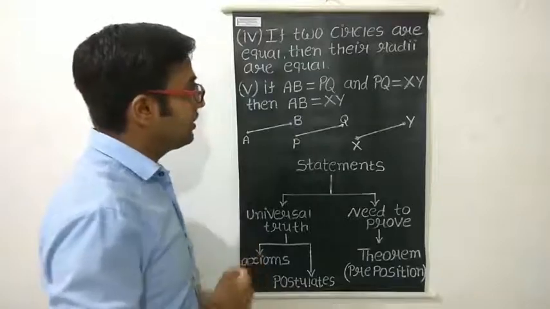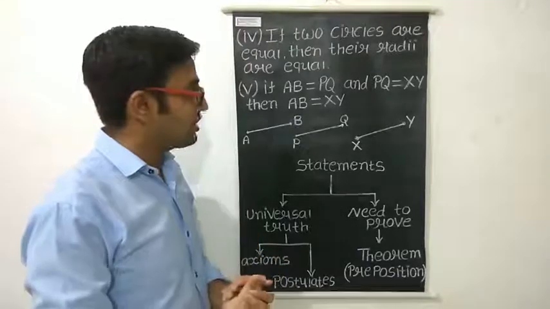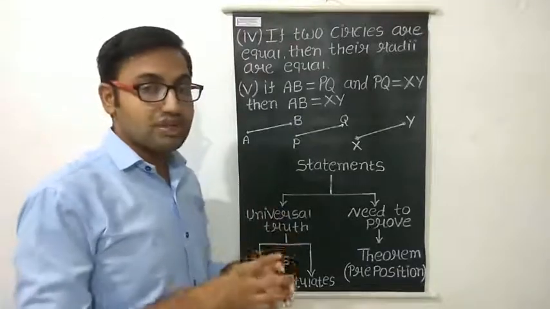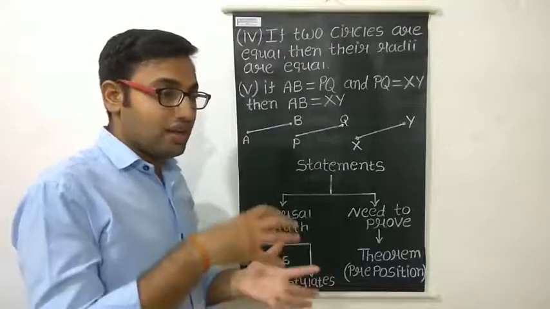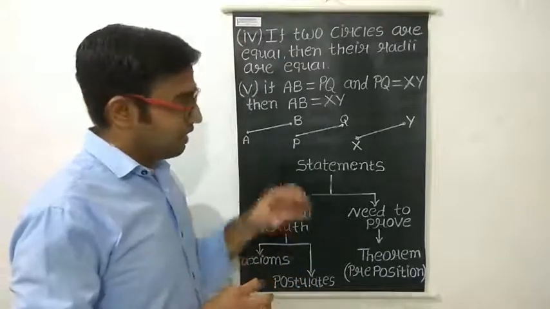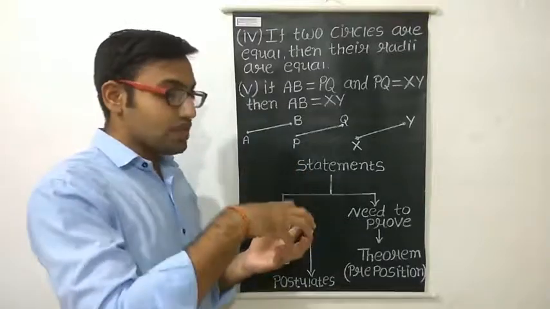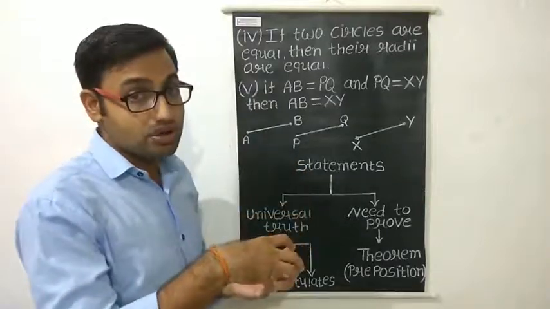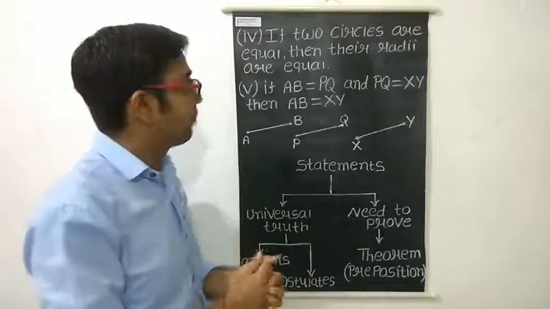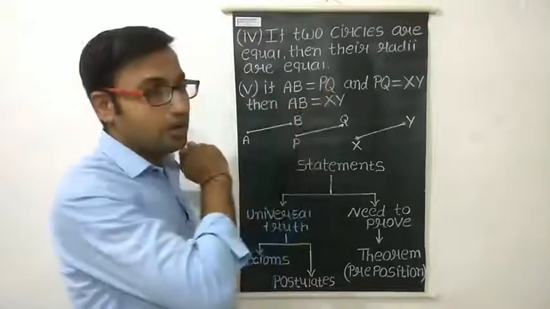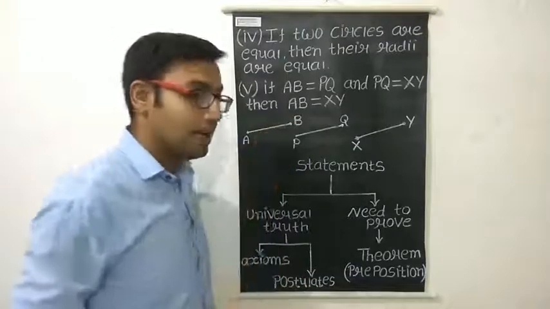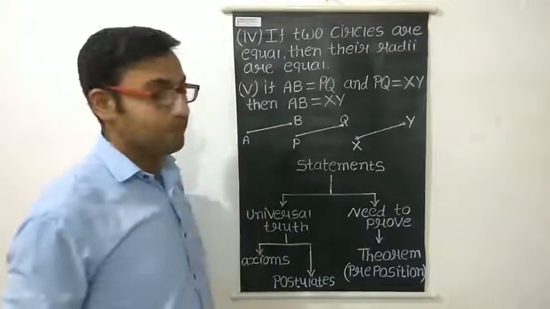I have already said in the postulates that whenever two things coincide with each other, then both are equal, right? Like if we take two 1 rupee coins, then both coins coincide with each other because the radii are equal. So if two circles are equal, then the radii are equal. Statement is true.